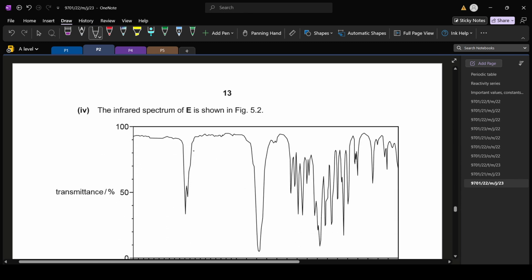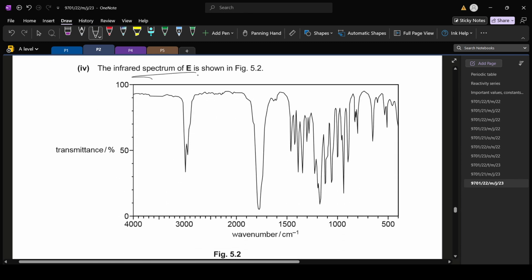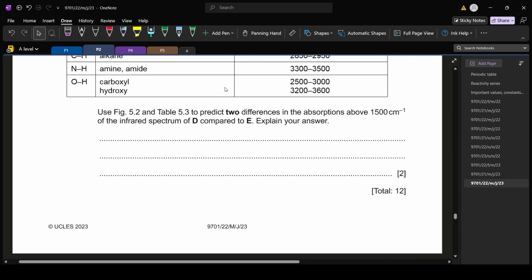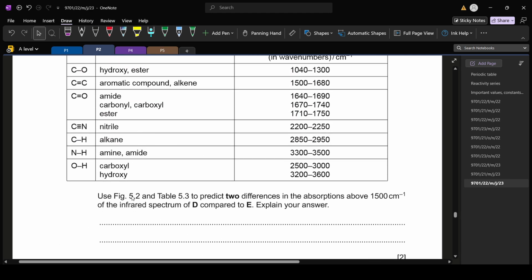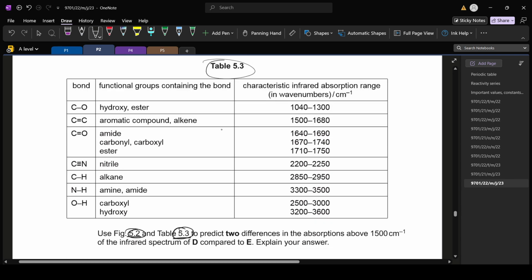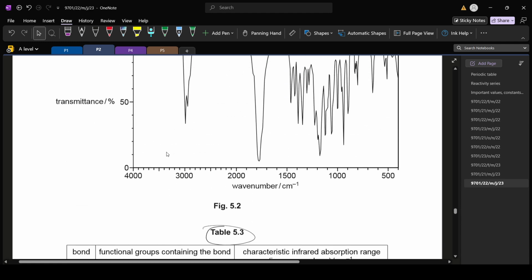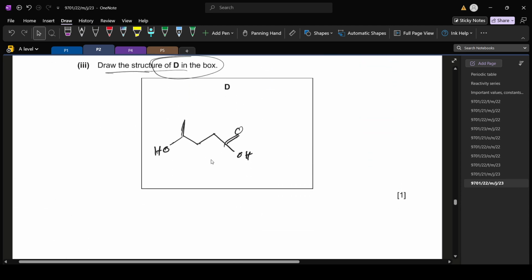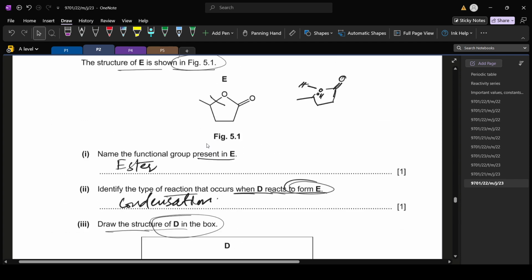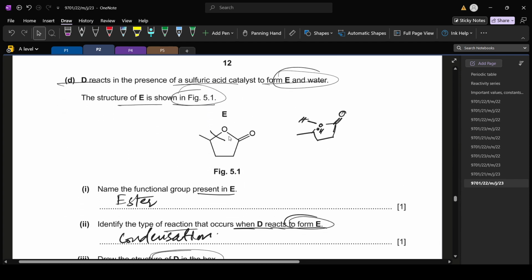Now the infrared spectrum of E is shown in figure 5.2. Use figure 5.2 and table 5.3 to predict two differences in the infrared spectrum of D compared to E. So D has both carboxylic group and OH group, but E does not have the carboxylic group or alcohol group.